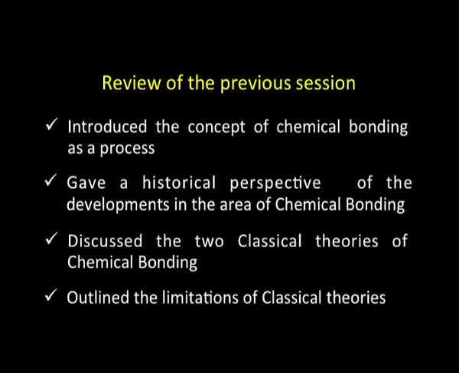Then we outlined the limitations of these two theories. Though they do give an idea about bond formation in terms of acquiring a stable electronic configuration, they are silent about the shape of the molecule or the molecular geometry per se.